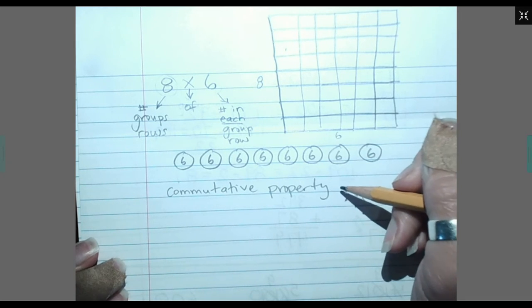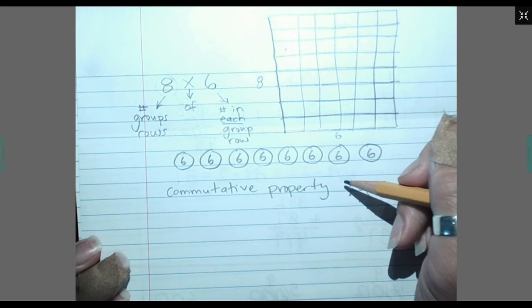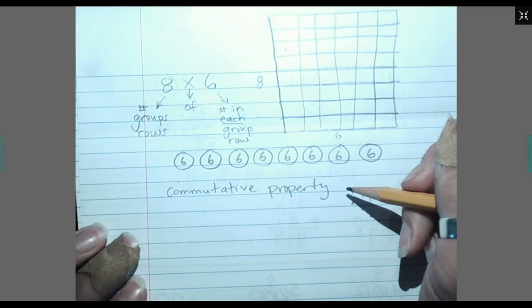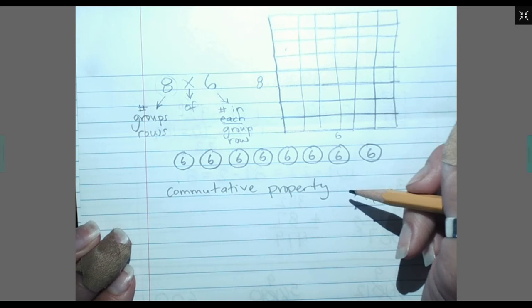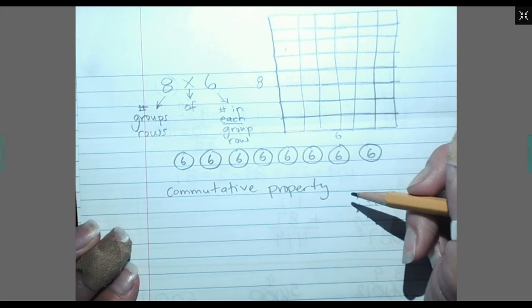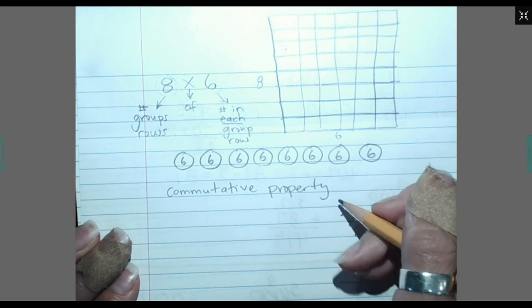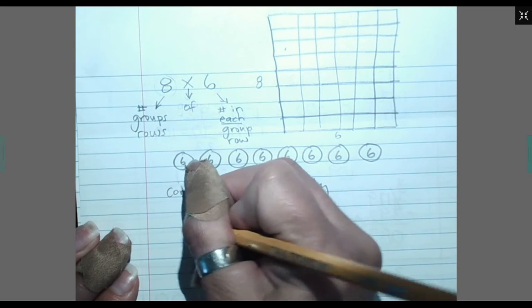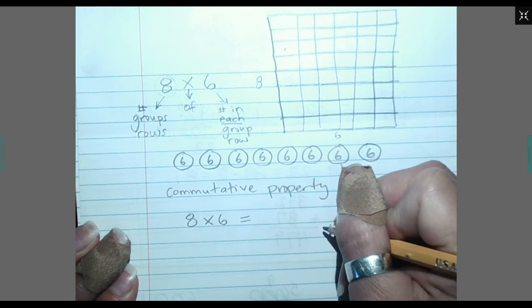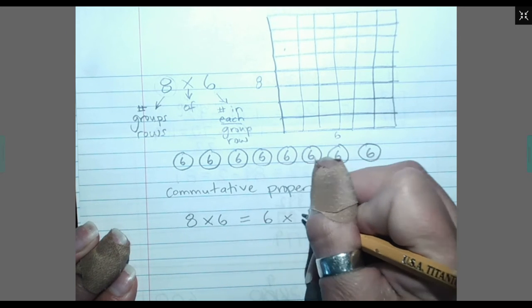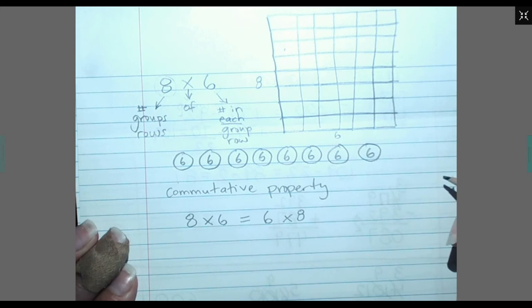Can you remember me from class? Commutative property. Changing the order of the factors doesn't change the product. So the commutative property basically tells us that 8 times 6 is the same thing as 6 times 8.